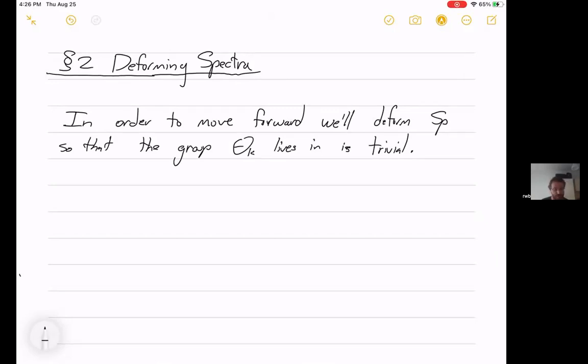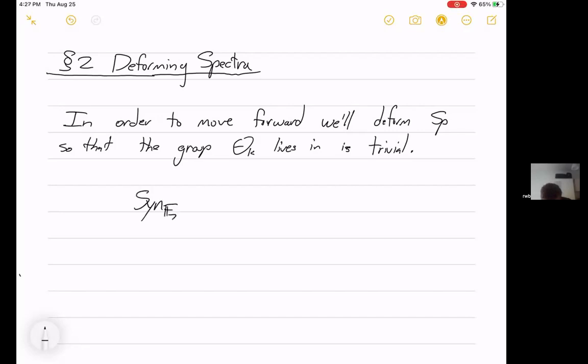So I'm going to try and dodge the issue by deforming the category of spectra, stating a related problem that reduces to the one that we want to know the answer to, and then finding that in this deformed context, the groups in which the obstructions lie are all 0. And so we don't have to know so much about what the obstructions are because they always end up living in 0 groups. So let's start to do that.